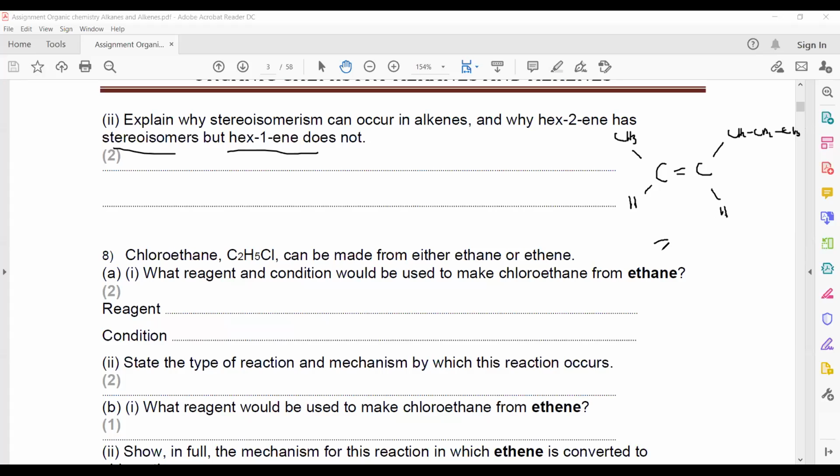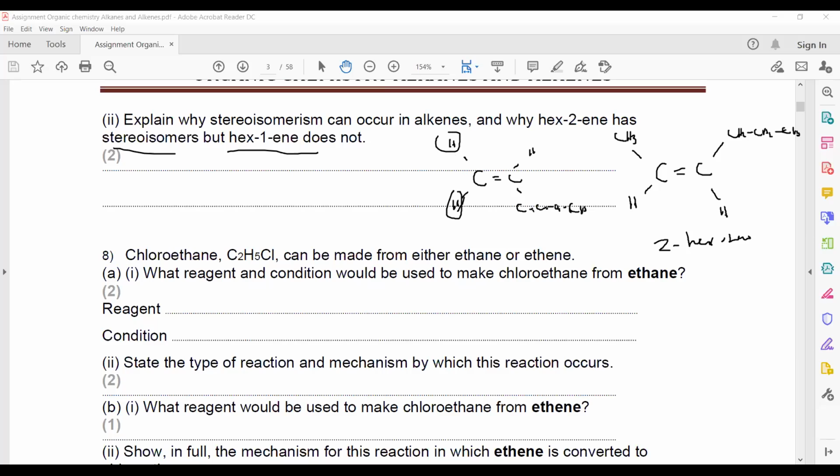So this I made Z-hex-2-ene. But if I draw hex-1-ene, hex-1-ene means the first carbon should have a double bond. Then there will be a carbon chain 1, 2, 3, 4, 5, and 6, and they will have hydrogens. So as you can see, identical groups are there. So we cannot compare which one is heavy and which one is lighter. If there is no comparison between heavy and lighter, it cannot have a geometrical isomer.